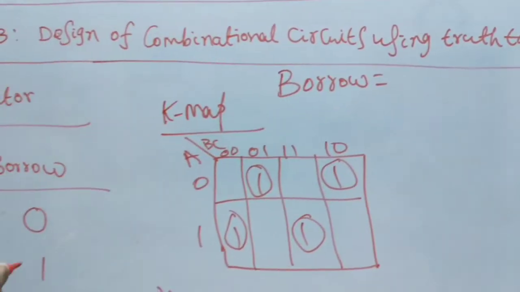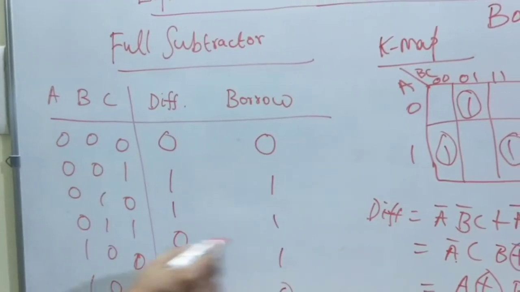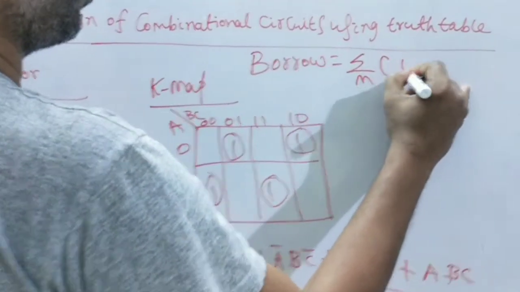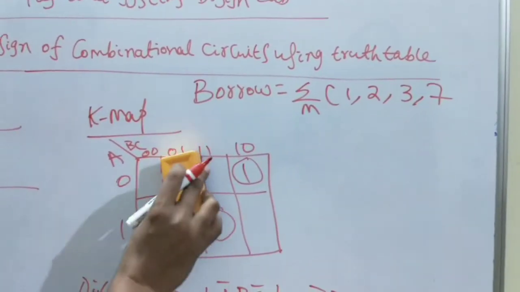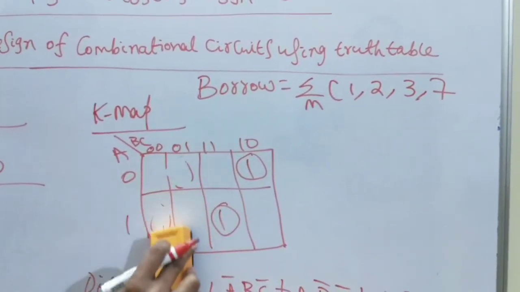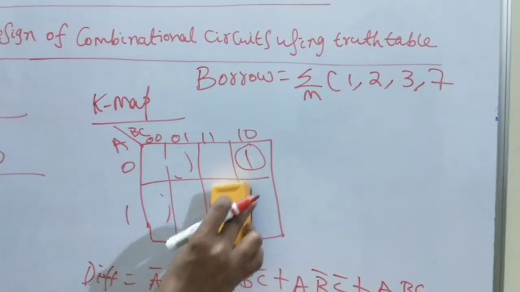Now for borrow, 1, 2, 3, 7. We are going to find it using K-map.